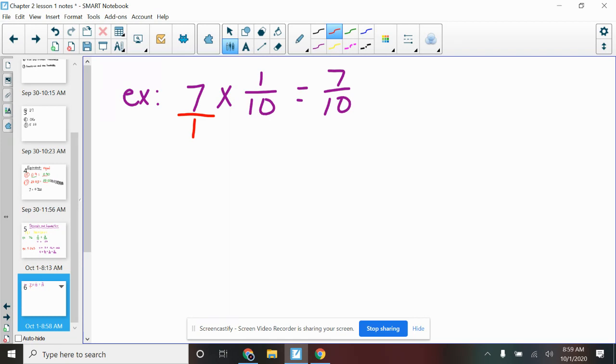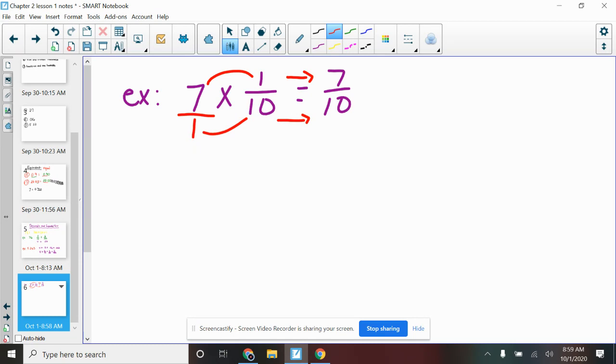I think you probably learned this last year when we were doing a little bit of division work. So 7 over 1 is the same as 7. So now all we did was multiply straight across. 7 times 1 gave us 7. 1 times 10 gave us 10. So that's where we got the 7/10.